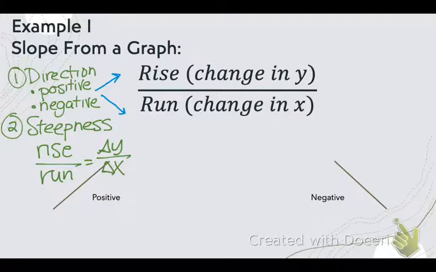Then we have to talk about our rise, which is going vertically up like the sun, and our run, which is going side to side like a crab. And pardon my little diagram of a crab.